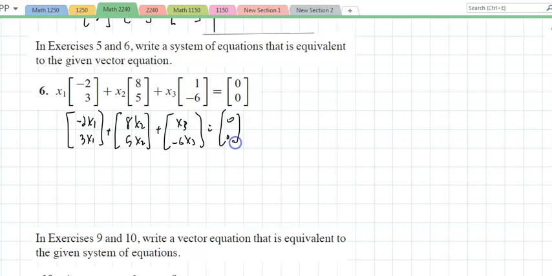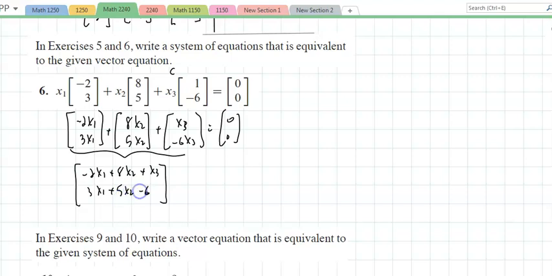So here we're applying the first properties, multiplying by c, so to speak. And if I combine those, if I add those, wouldn't that be -2x1 plus 8x2 plus x3, and 3x1 plus 5x2 minus 6x3, equaling 0, 0?